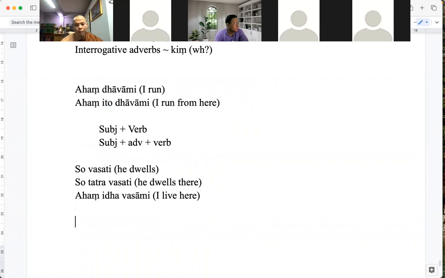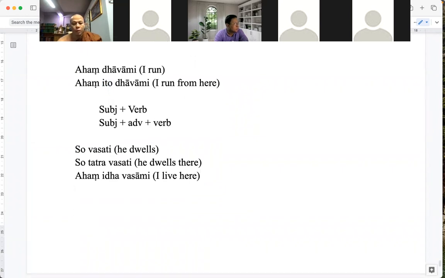Now for the temporal adverb also, 'aham idāni', so 'dhammaṃ desemi'.